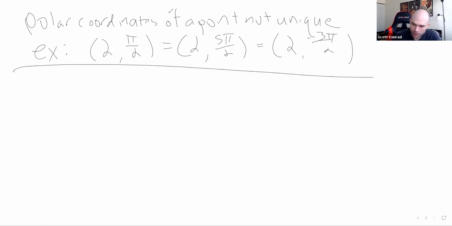Okay. So the important relationships between, because we're going to have things in rectangular and we want to convert it to polar, and then vice versa. So we have the following very important relationships that you need to essentially have memorized.